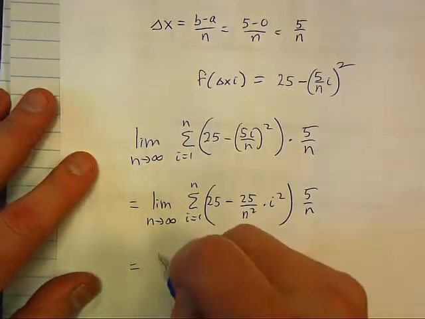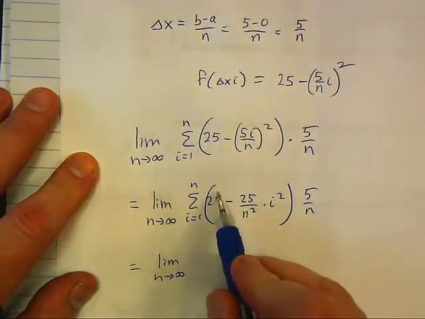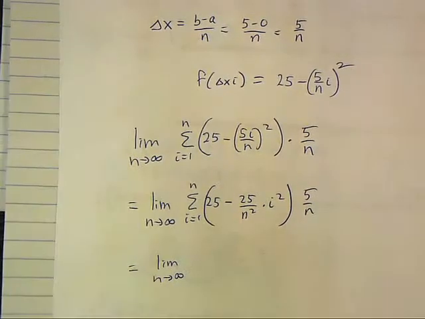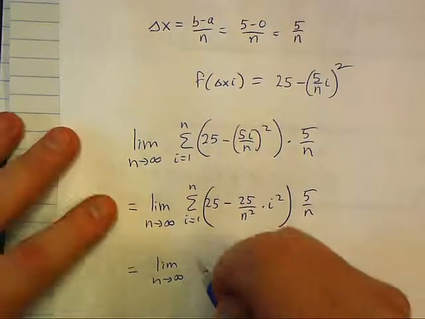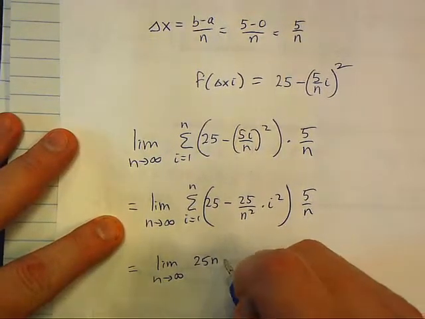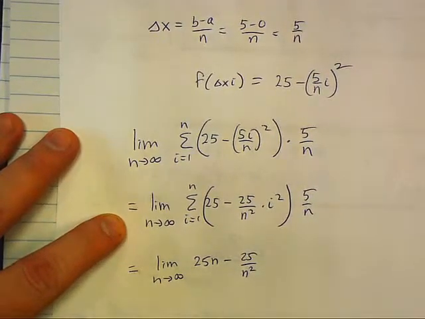The limit as n goes to infinity. I'm going to take 25 plus 25 plus 25, n times. That's 25n. Minus, I have the 25 over n squared.